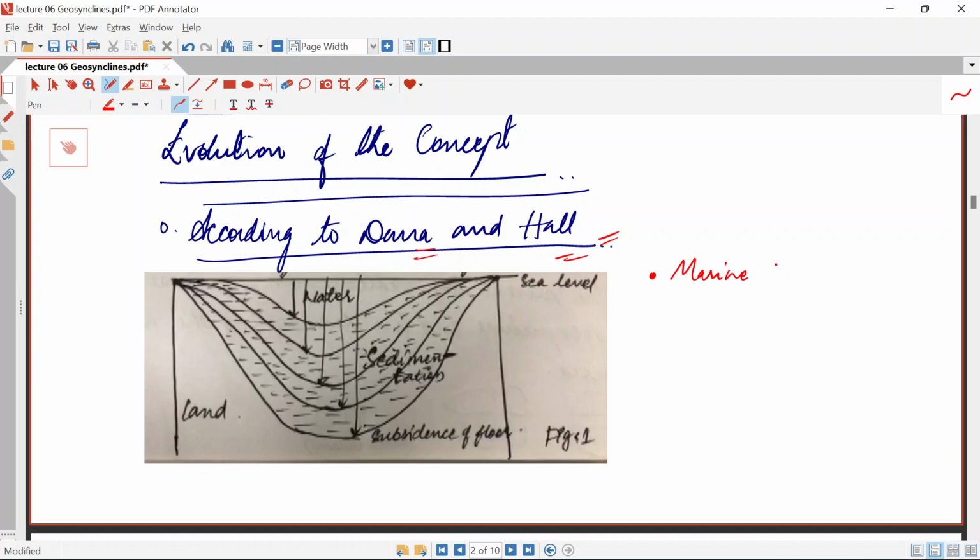Marine means water origin, so they form in water bodies, seas. And the next thing they said is that there is a characteristic of subsidence, not subduction.